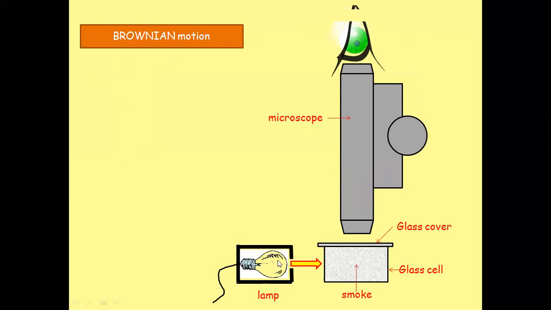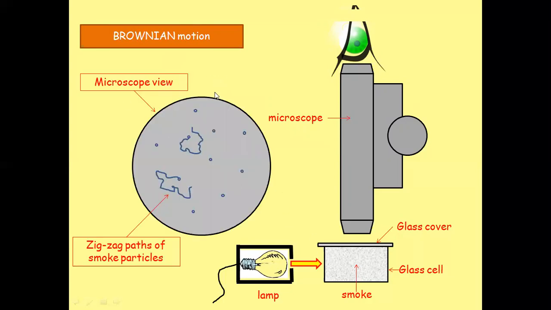And here we have the light source. The suspended slide will be viewed through the microscope. This shows us that the particles of smoke are moving in a zigzag path of motion. This is the slide viewed from the side of the microscope.